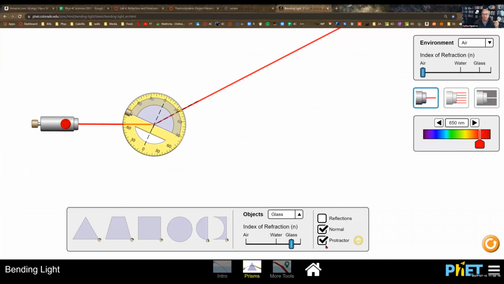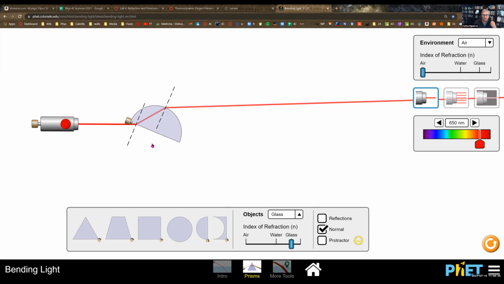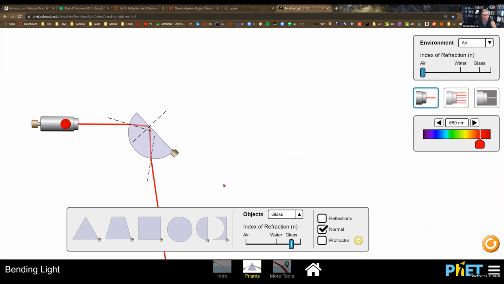And so what I'm going to do here is get rid of the protractor. Now, what we're really looking for is total internal reflection. So I'm going to rotate this around like this, and get rid of the normals. I think I've got to rotate this.